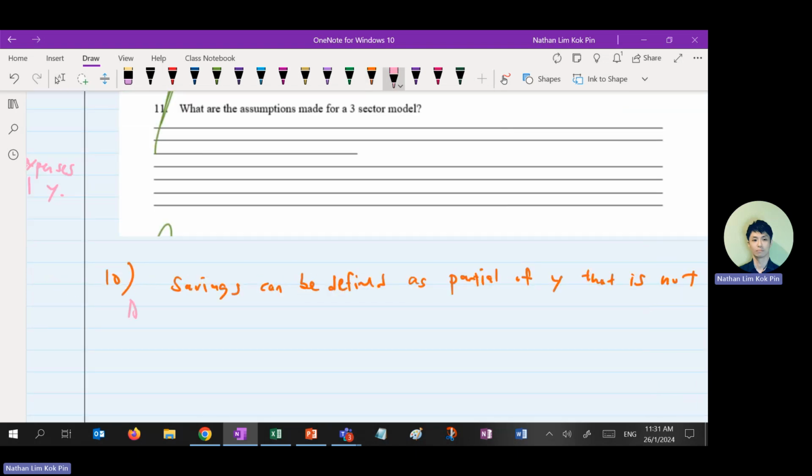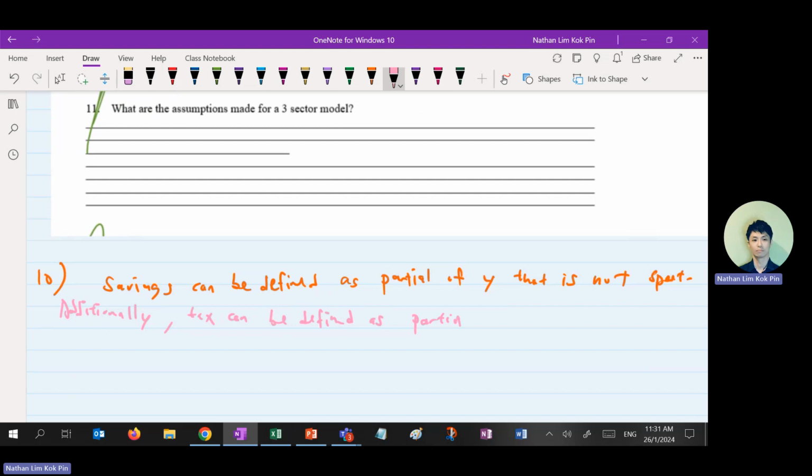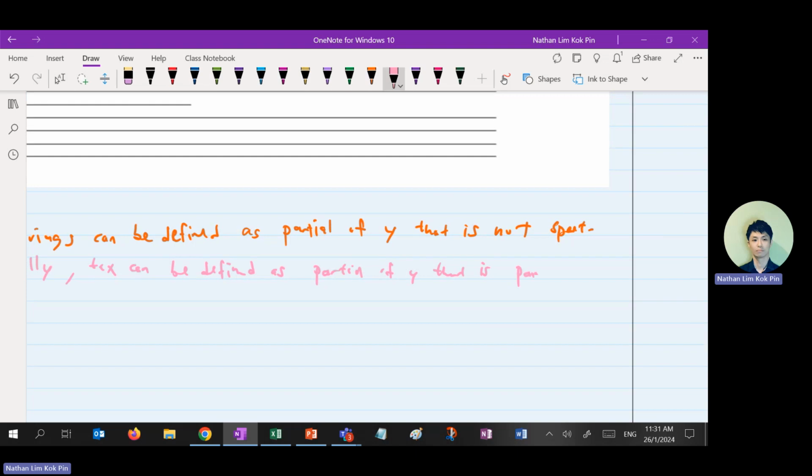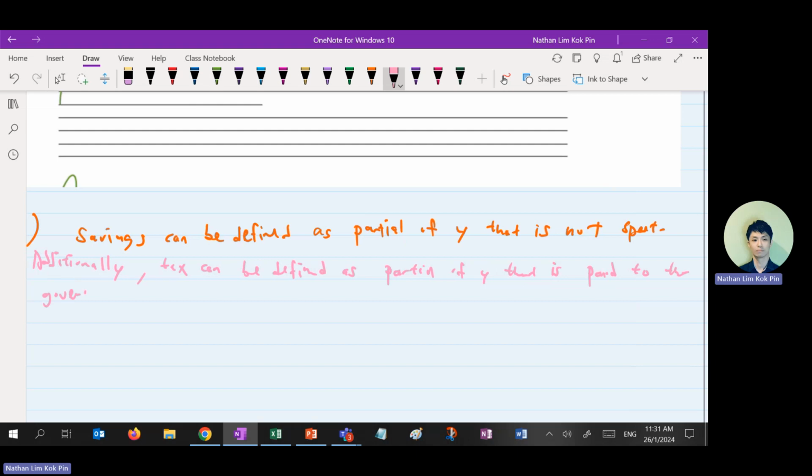Additionally, what's tax? Start to use conjunction. Tax can be defined as partial of income that is, okay, I follow yours, paid to the government. Make sense? Don't need to follow your manual definition. Just think about what it is, and then write the meaning of that.